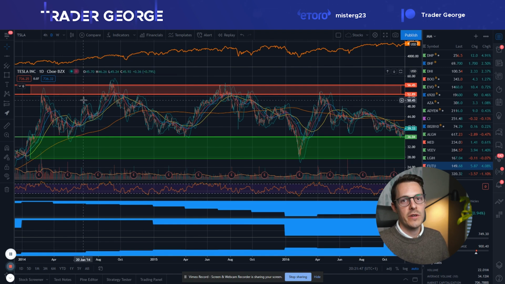If you zoom in much further than that, then you just get lost in the day-to-day or hour-by-hour noise, which isn't really that meaningful. So I wouldn't recommend it. If you're more advanced and you focus on shorter time frame moves, you want to focus on scalping or day trading, things like that, then maybe you can focus on the shorter time frames. But just bear in mind that those levels are going to be less meaningful and less reliable as well.